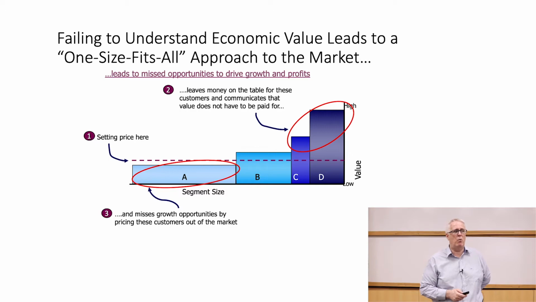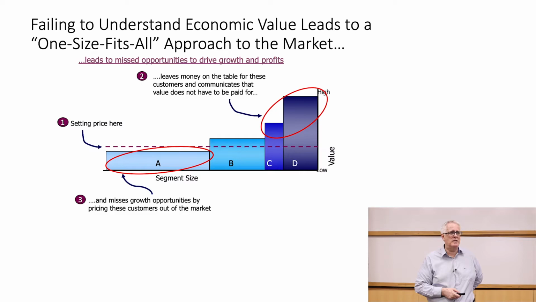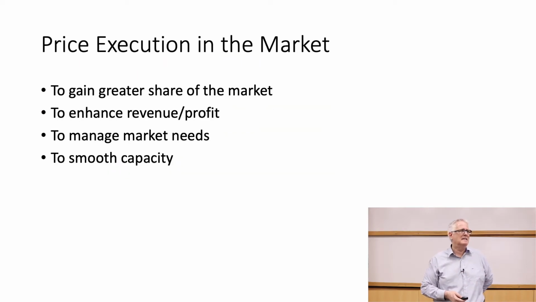But if I come up with one price policy, I'm going to miss that big segment in A. So sometimes I want to gain more market share. Sometimes it's about margin. How do I gain more margin? Not just getting A in there, but making sure that I collect all that margin from C and D, but also make sure that I have that volume that A provides me.